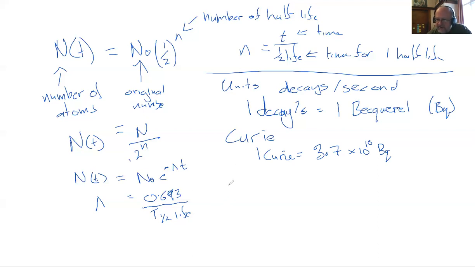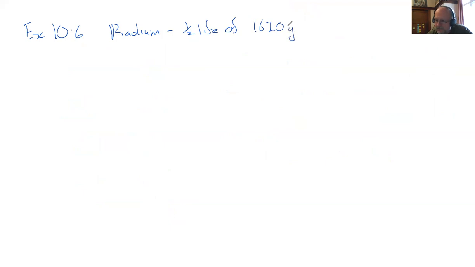Okay, so let's actually do an example. I'm just going to clear the screen. So what we have is radium. This is exercise 10.6. Radium has a half-life of 1,620 years. So that's actually quite radioactive for something that's naturally occurring.